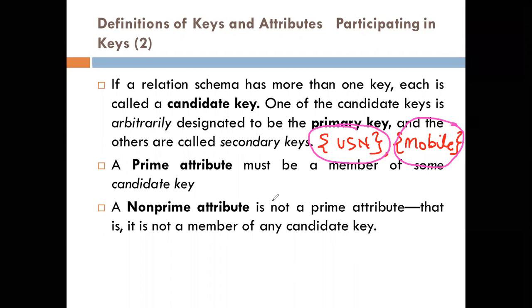Now, a prime attribute must be a member of some candidate key. So when we have two candidates like this, we will arbitrarily choose. Arbitrarily means it depends on the application and on the database designer, who decides which has to be designated. So we can arbitrarily select one candidate key and designate it as the primary key.